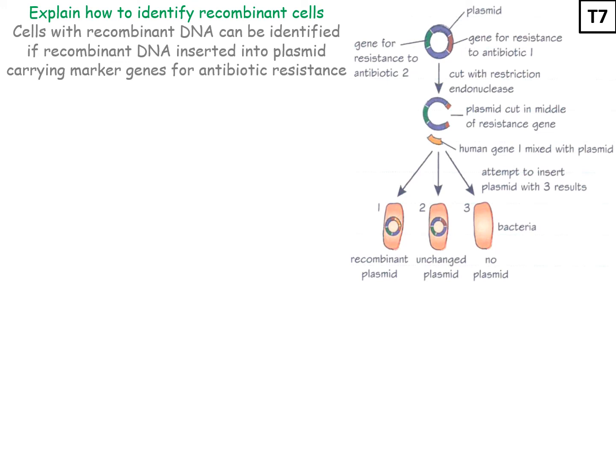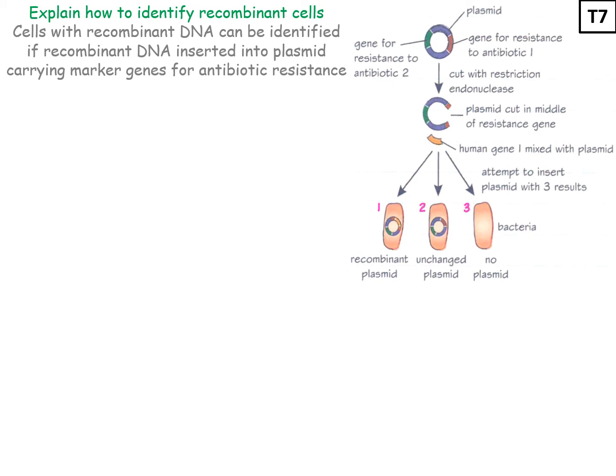And therefore, our results could be three different things. We could have a recombinant bacterial cell with the recombinant plasmid inserted, therefore that plasmid contains the inserted gene. We could have a bacterial cell that does have the plasmid, but the plasmid did not contain the inserted gene, or we could have a bacteria where there's no plasmid inserted, so it doesn't matter if the gene is inserted in the plasmid, it just hasn't been taken into the bacteria.